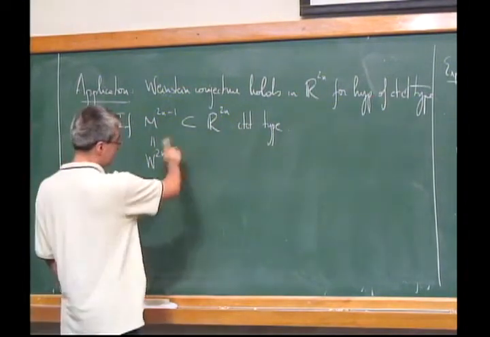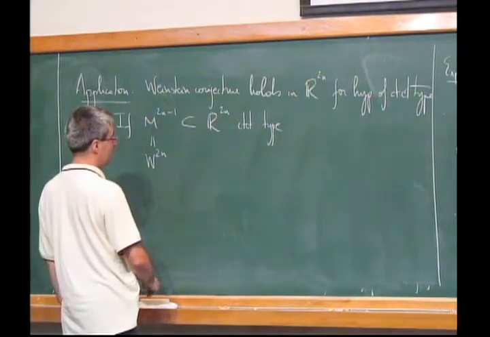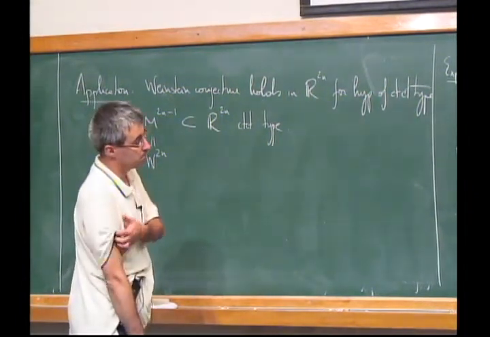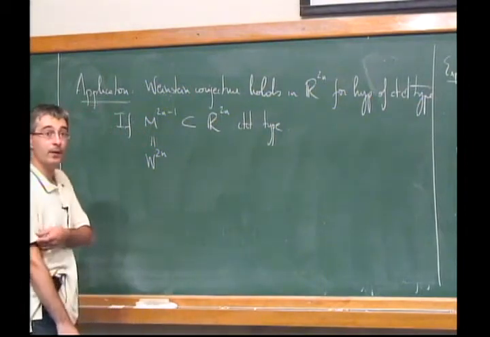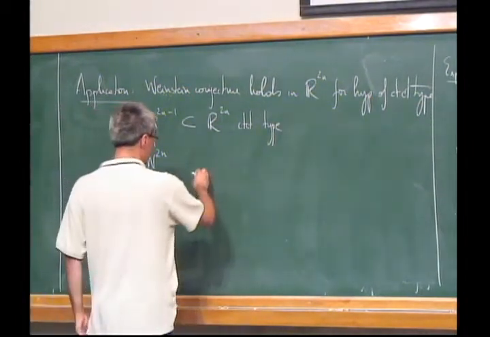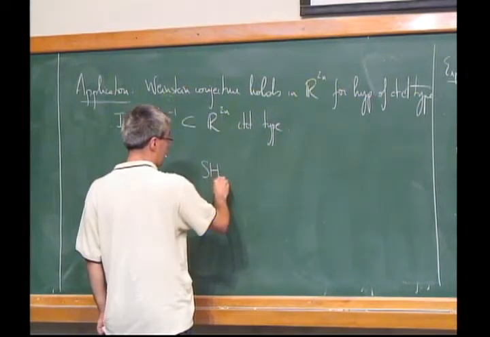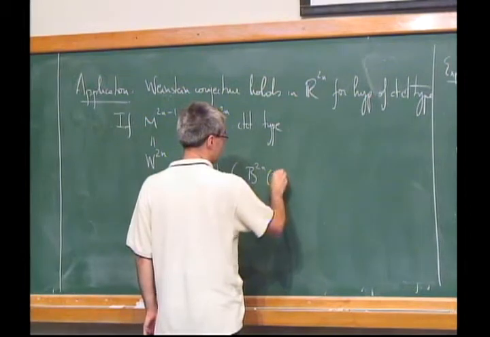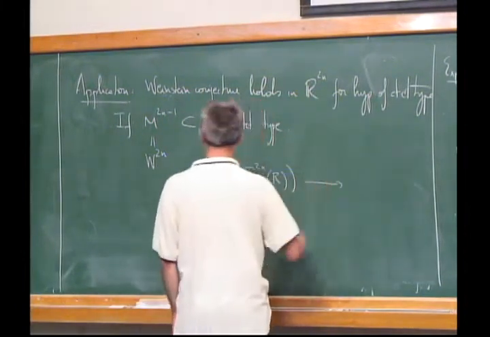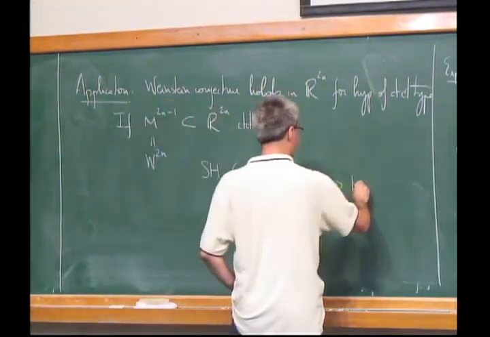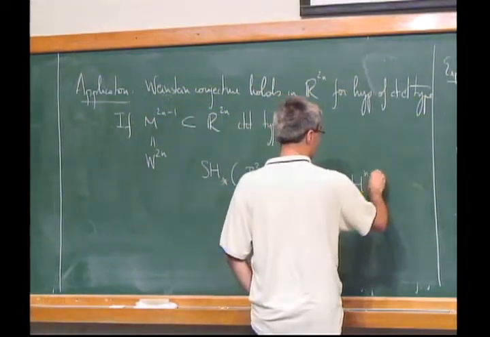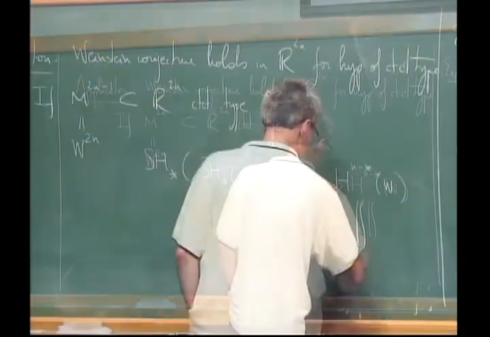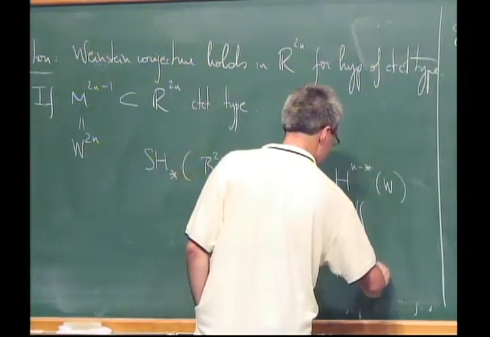And we can consider this inclusion, and according to property 3, I think, functoriality, you have a map as follows. You have a map going from the cohomology of a ball in R to n of some radius to the cohomology of W.